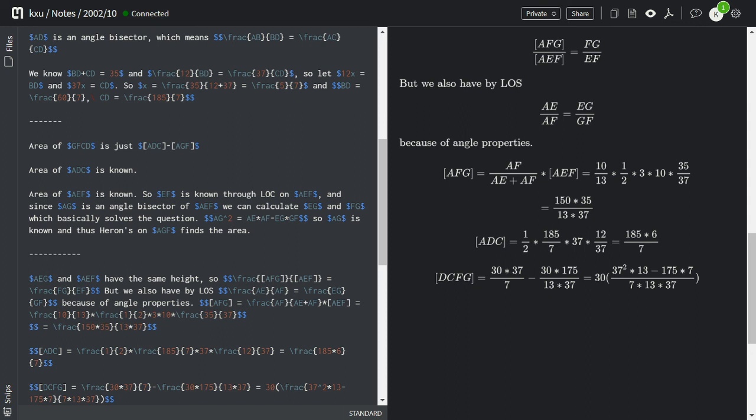I thought I could pull some difference of squares magic here. But no. Hang on, let me just get my calculator real quick, because I really don't want to do this calculation.